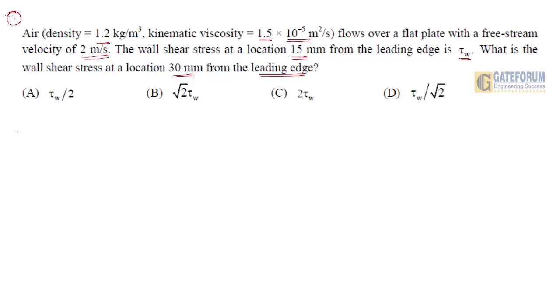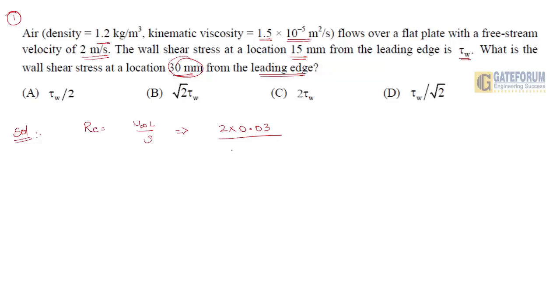So, first, when we are going to solve this, we need to check the Reynolds number, U infinity L by nu. U infinity is the velocity, 2 meter per second, into length. 30 mm from the leading edge is asked, that will be 0.03 meters, by nu.